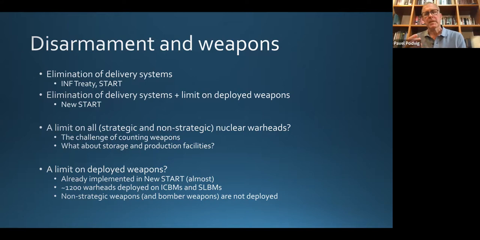But the primary challenge, though, is how do you count weapons? If you start thinking about this systematically, you quickly realize that you could probably count weapons somewhere, but then the question is, how do you know that they are not elsewhere?